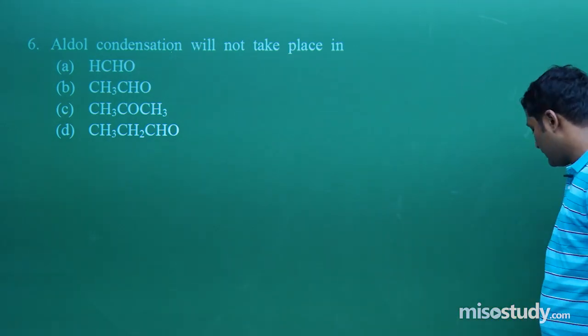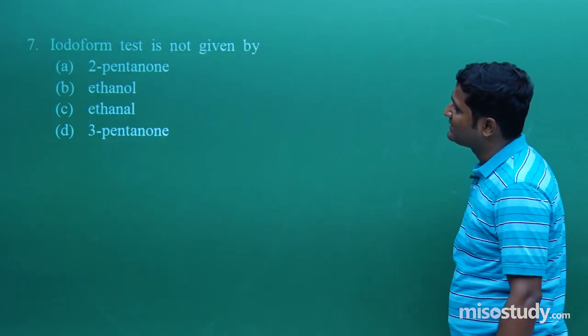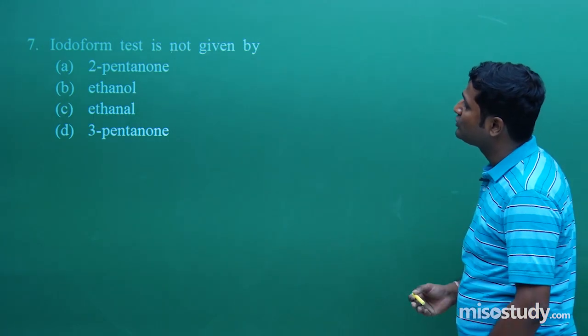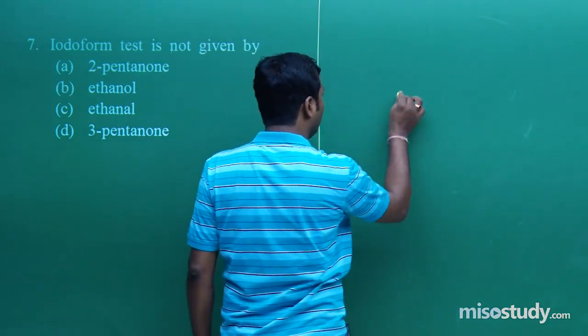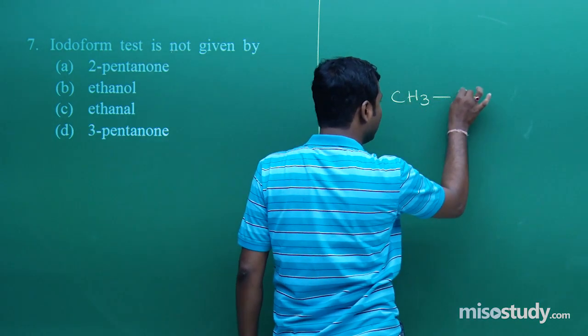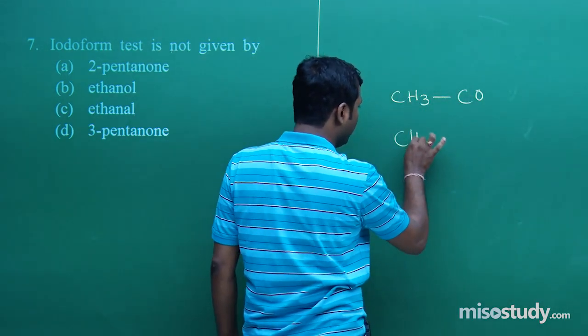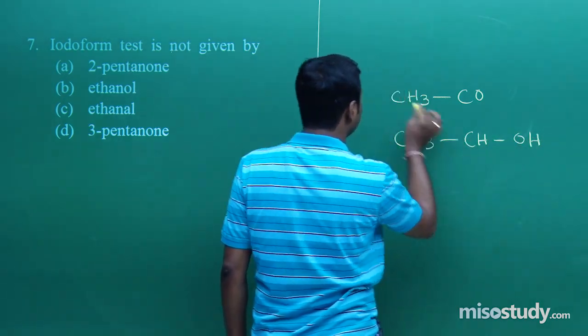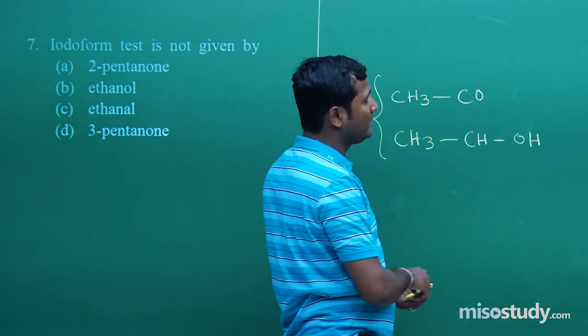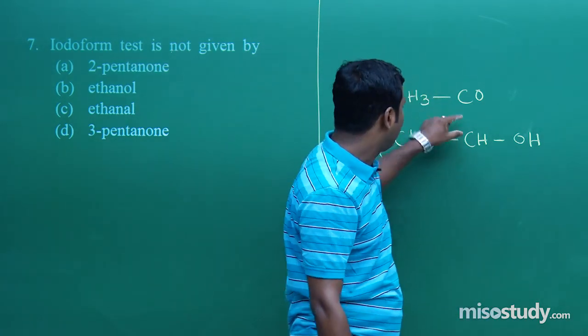Now let's move to the next question. Question number 7. Iodoform test is not given by. What is the rule of the iodoform test? As we know, if there is a CH3CO linkage or a CH3CHOH linkage, then those molecules can perform the iodoform test.